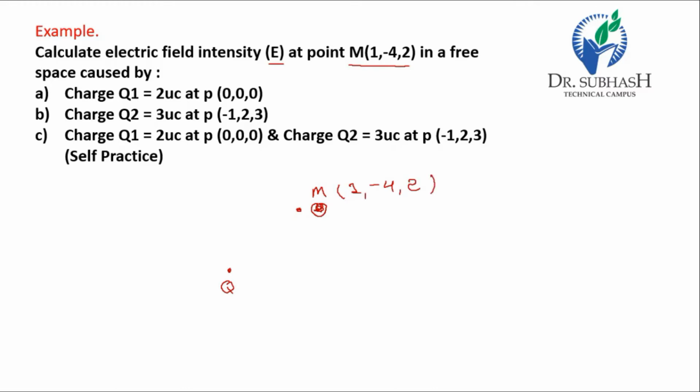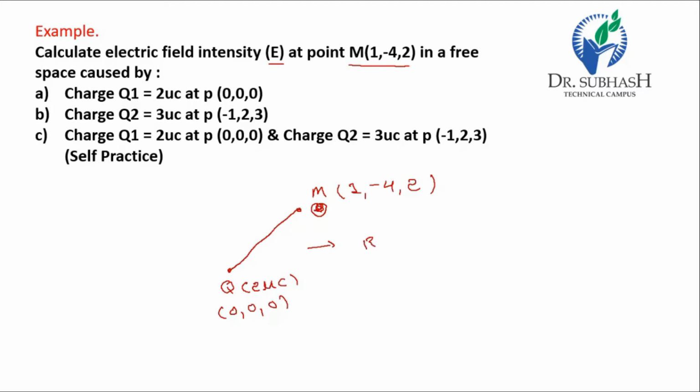In the first case, the given charge Q is 2 microcoulomb and it is located at 0, 0, 0. So we have the distance between them as R.